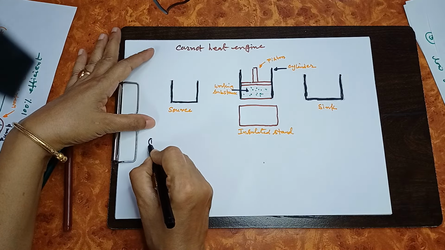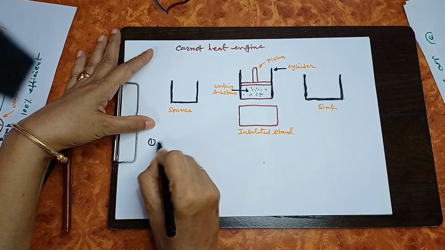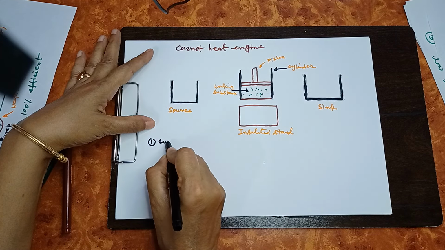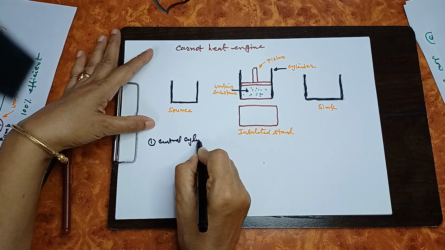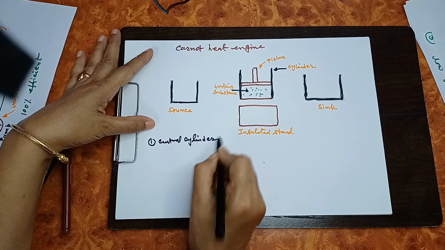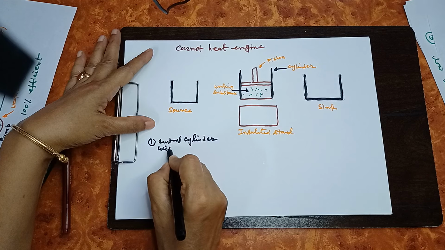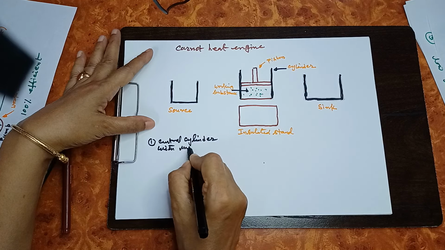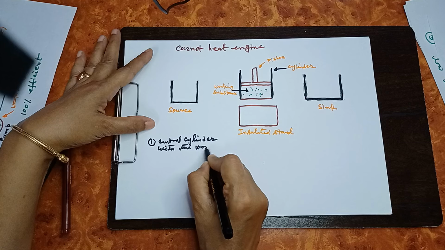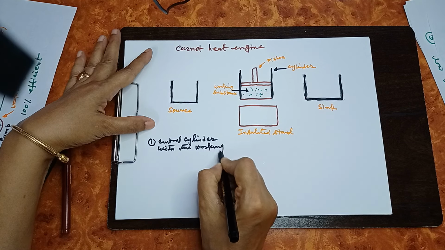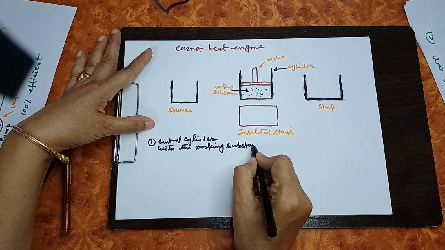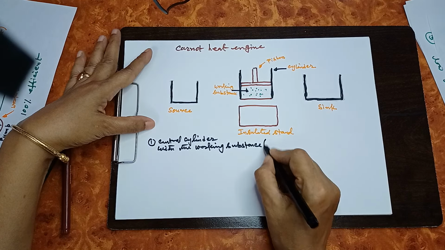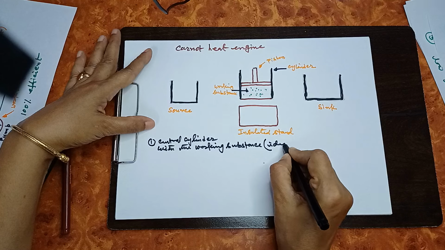So, what are the parts we observe in this Carnot engine? First part is the central cylinder with the working substance, and here working substance is ideal gas.